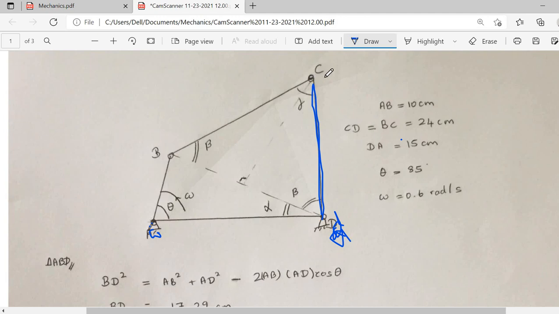The velocity of AC would be either in this or this direction. The main thing is it's not horizontal, so we need to find the angle with this horizontal line. Let's say this is in this direction and this is 90 degrees. So here I'm going to find the value. What's the value of this? For that you can use the alpha, beta and gamma values, because we have already found the equations for these angles related to theta.